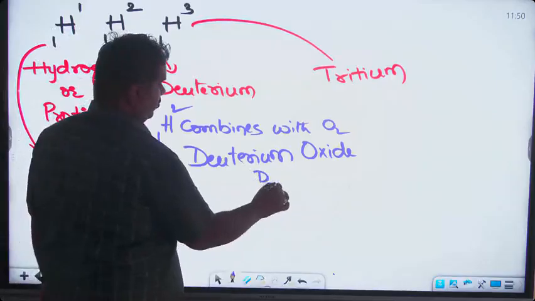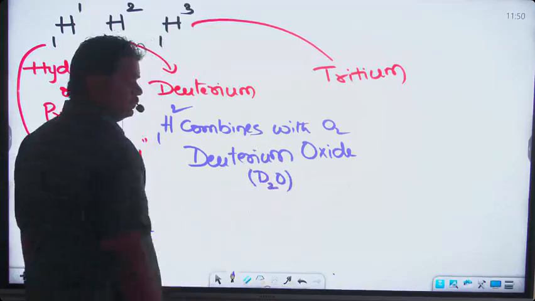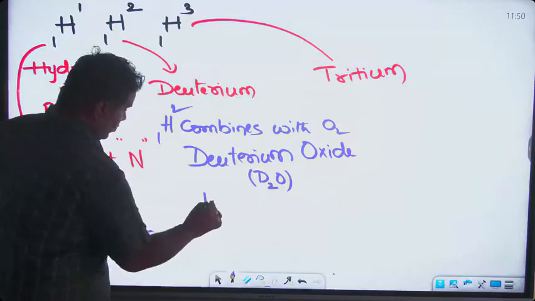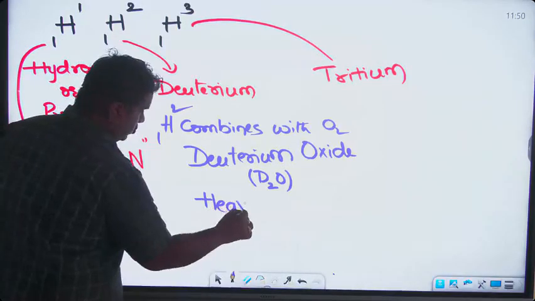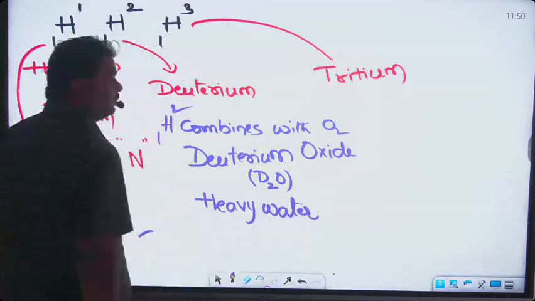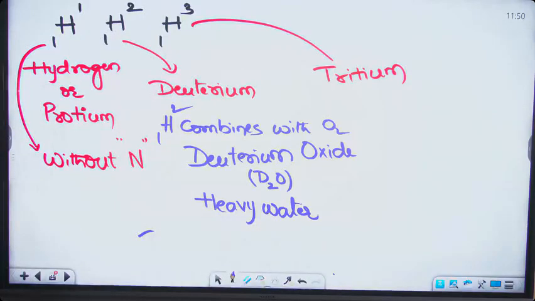The formula of deuterium oxide is D2O. Deuterium oxide is also known as heavy water.